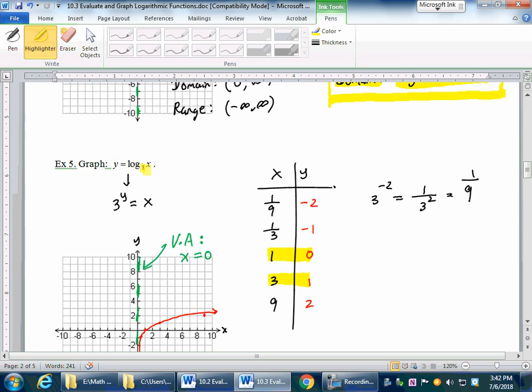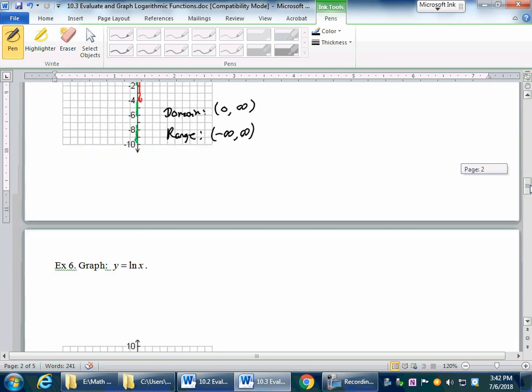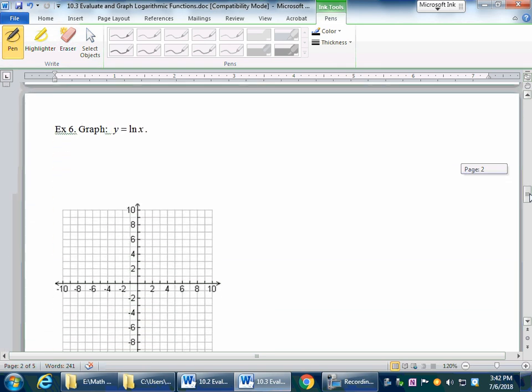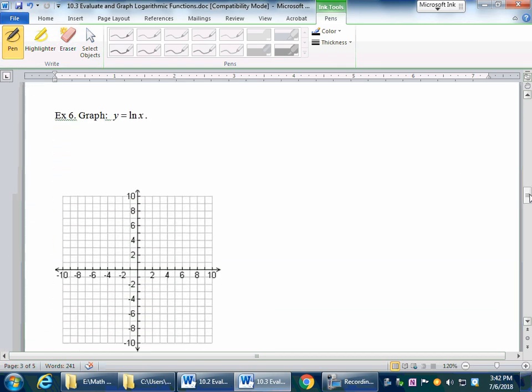Okay, so let's take a look at the next example, which is the natural logarithm graph. So this is basically talking about y equal to log base e of x. When I write it in exponential form, that will be e to the y power is equal to x.